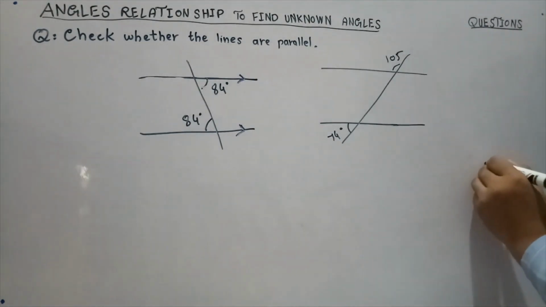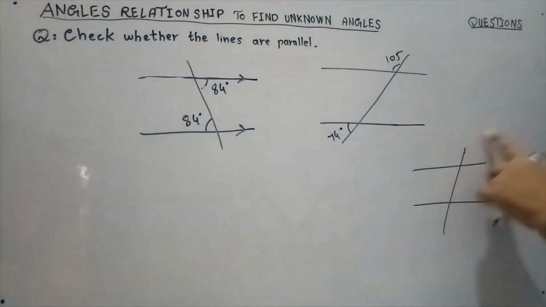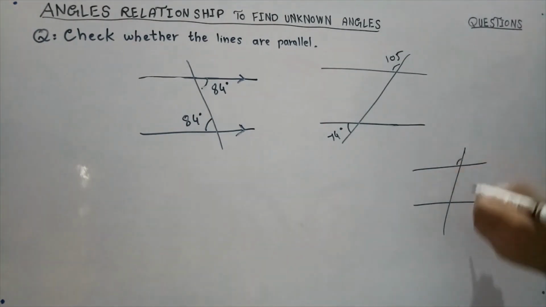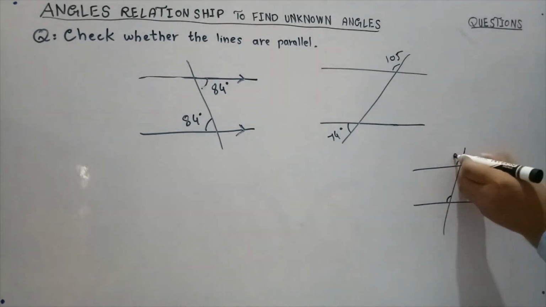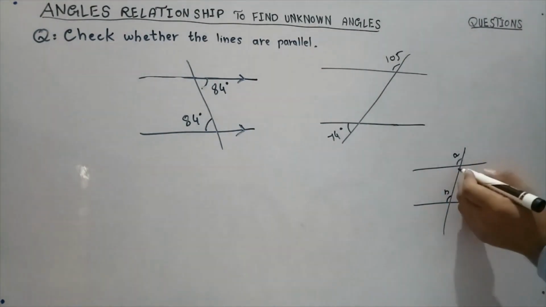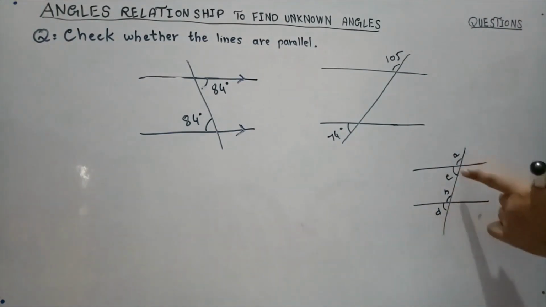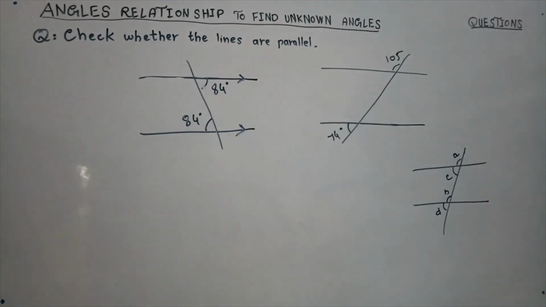Corresponding angles say that if we have parallel lines, then the corresponding angles will be equal to each other. It means that this is the corresponding angle of this one. I can write A and B. A is the corresponding angle of B. It means A will be equal to B, and this angle C will be equal to this angle D.